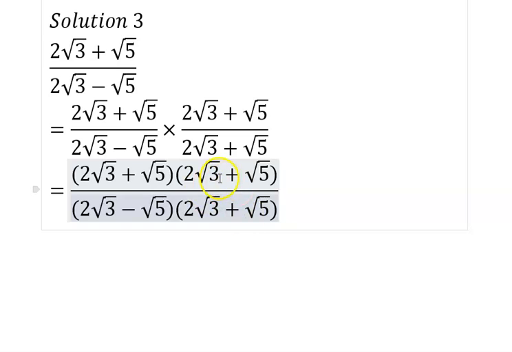Awesome. With this, now we'll be able to put 2 root 3 plus root 5. This is it, 2 root 3 plus root 5. This is it, 2 root 3 minus root 5. This is it, and 2 root 3 minus root 5. This is it. Now we want to multiply. So let's do our multiplication and see what we can have.